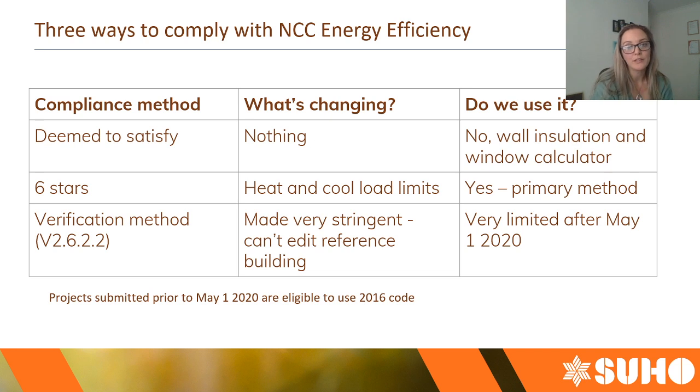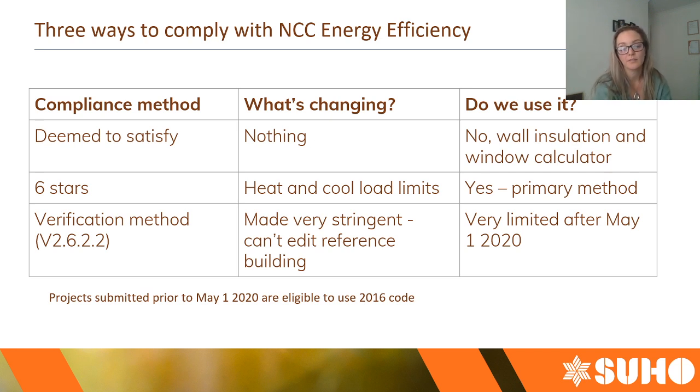The changes under 2019 have been quite significant to this assessment method. The reference building, which previously under 2016 we could do quite a lot with to alter the performance of it, even though it was a DTS compliant building, there was quite a lot we could do to alter the performance of that building and make the building that you want to build more energy efficient than the DTS compliant version.